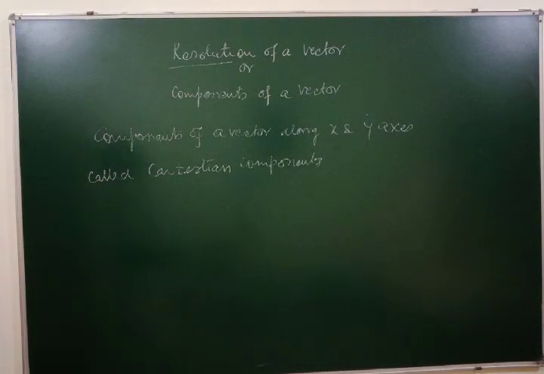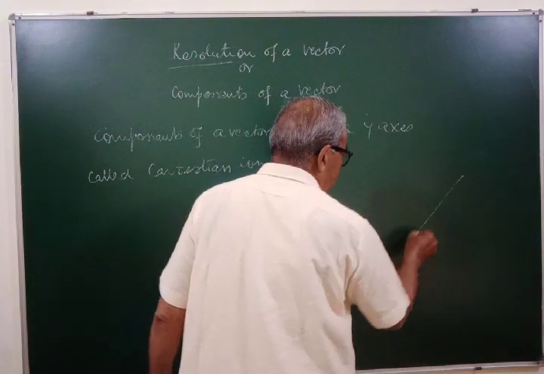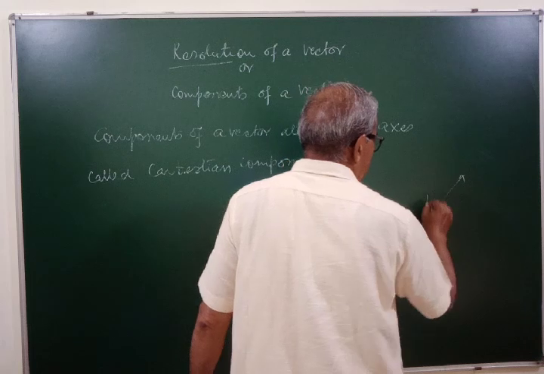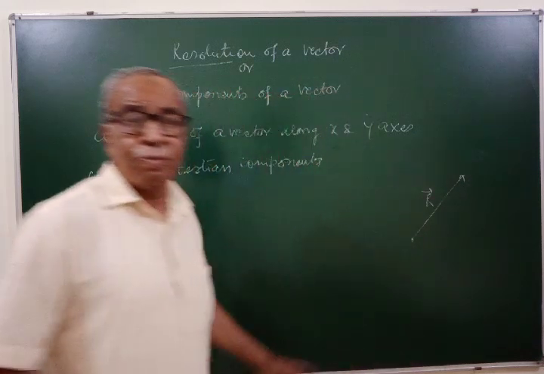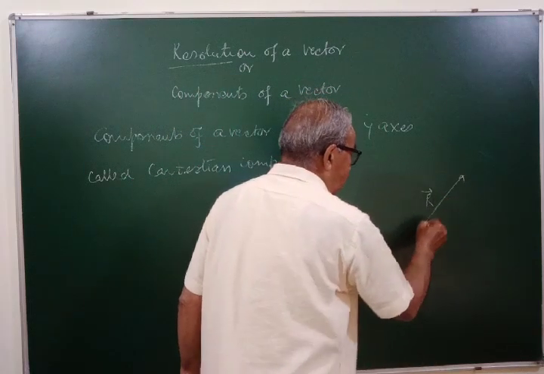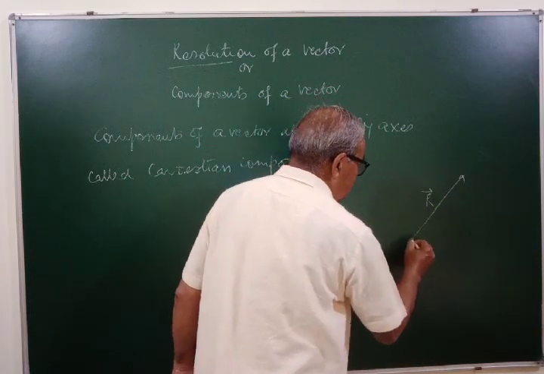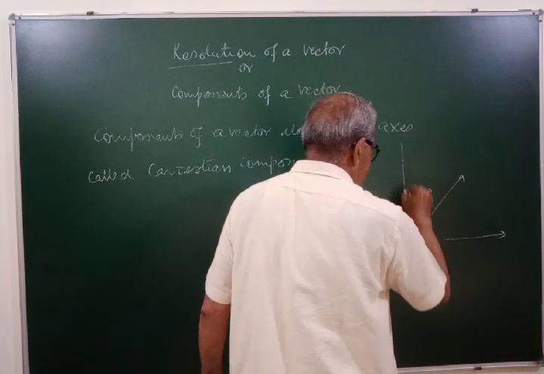resolve components. So suppose here this is vector r. We represent vector r and its tail lies at the origin of the x and y axis. Here is the origin, this is the x axis, this is the y axis.